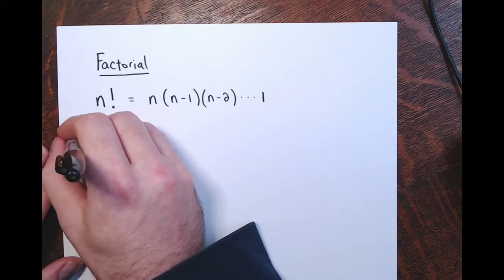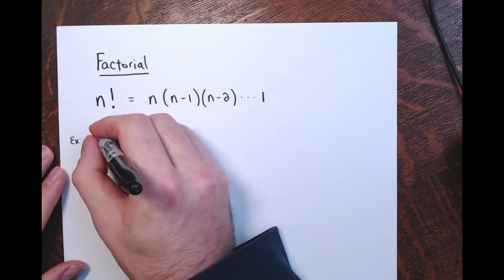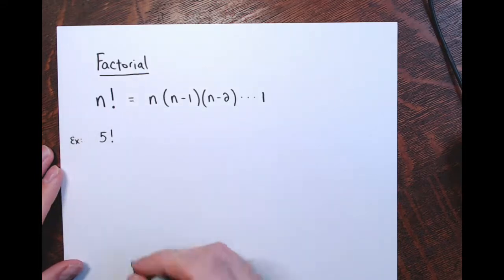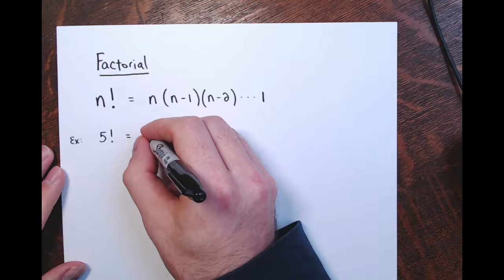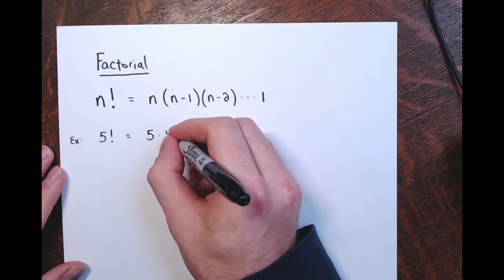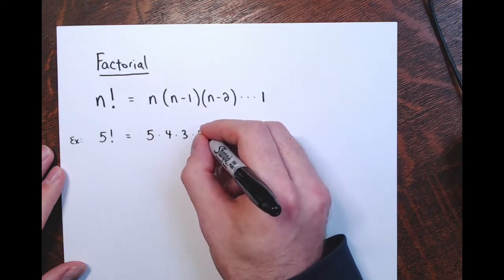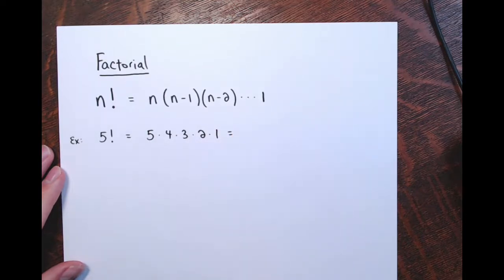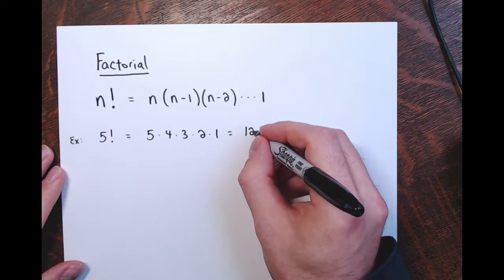So some examples, like say 5 factorial. 5 factorial would be 5 times 4 times 3 times 2 times 1, which, if you multiply all those, is 120.